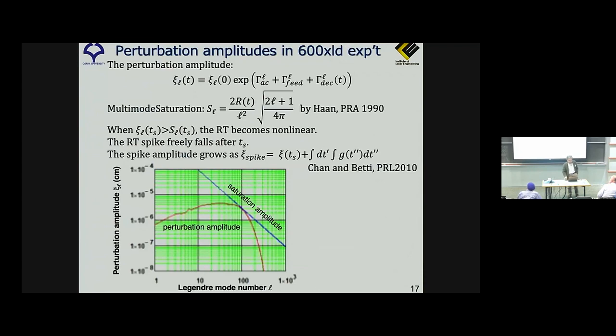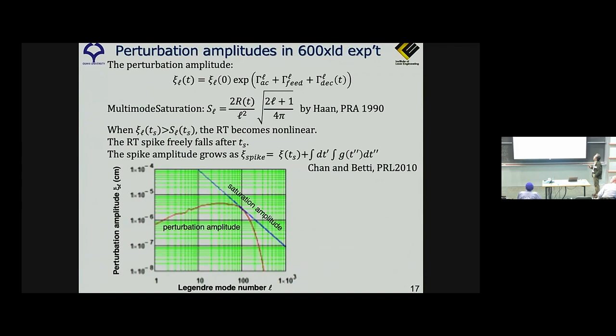So the final perturbation amplitude, Gaussian L, is a sum of all three exponents: gamma arc, gamma feed-through, and gamma deceleration.